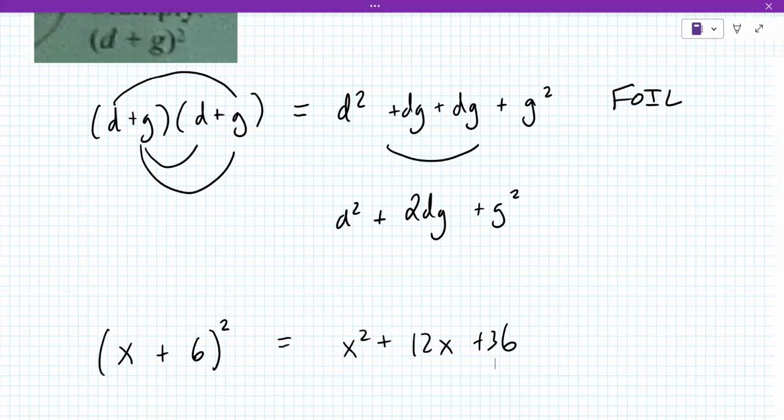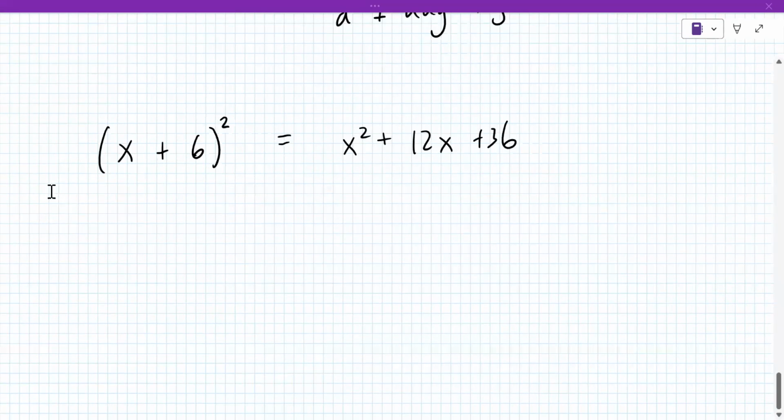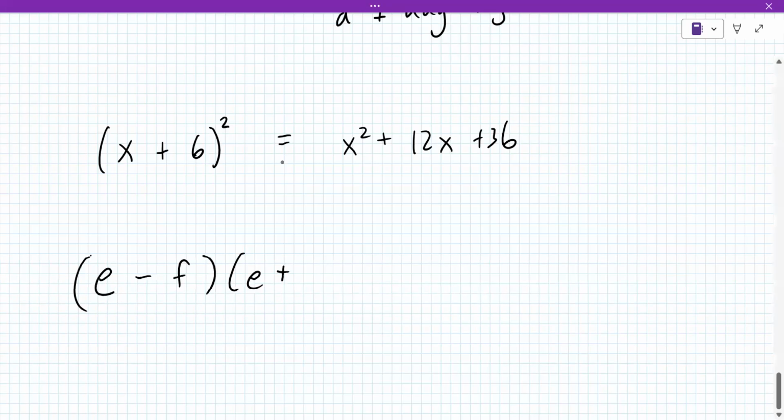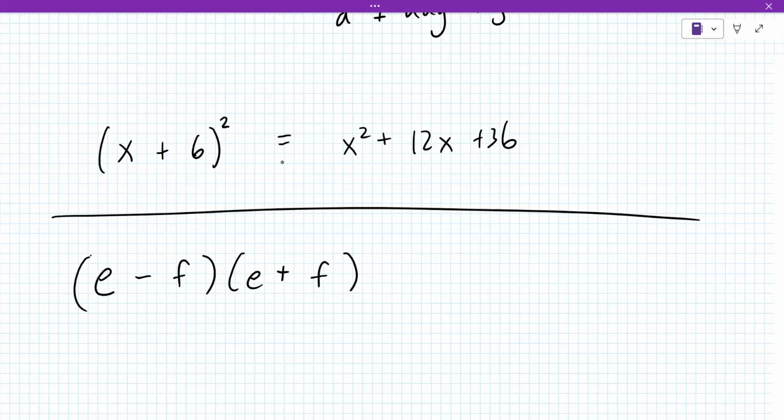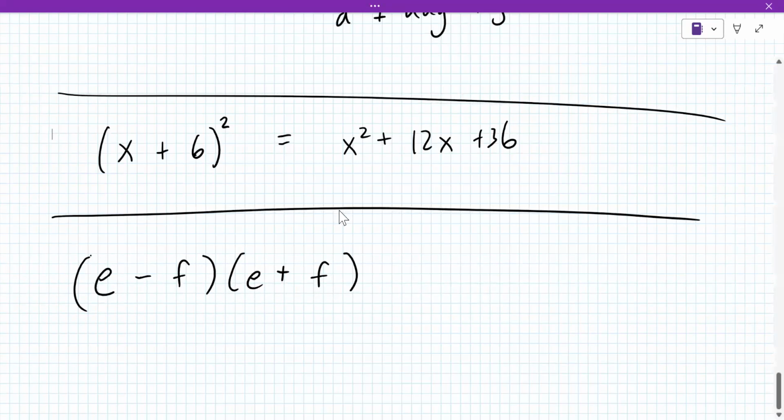Okay, now you know enough to try number 8. Will you try number 8 again? Well, actually, you have the right answer there. So let me give you one that's different. Let me have you try e minus f times e plus f. Will you try that one?